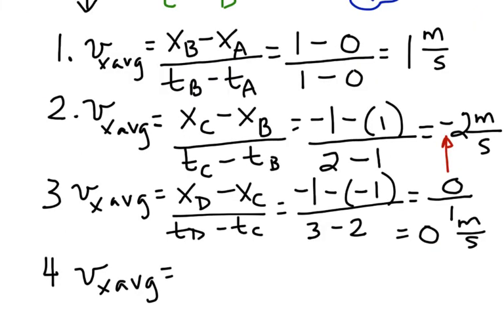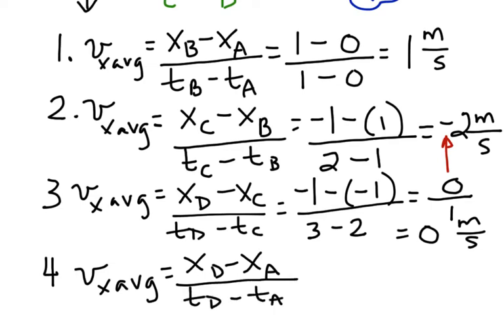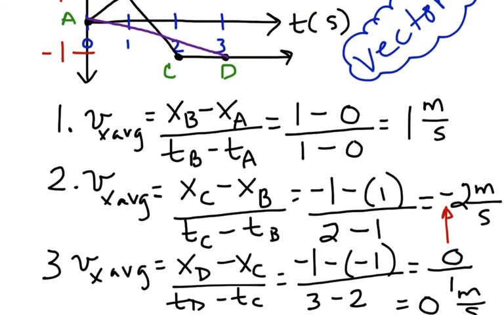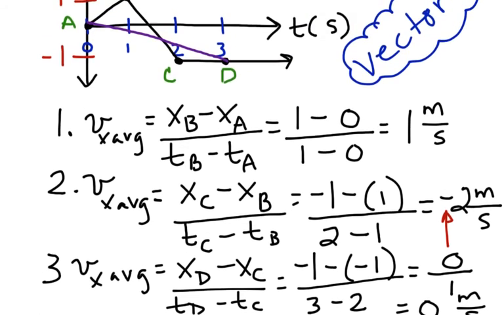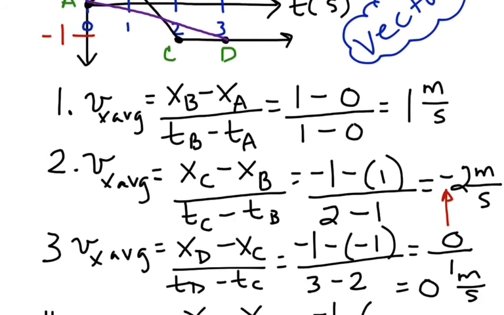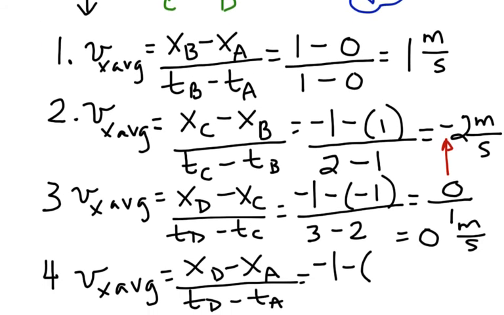Okay, so for solving for my average velocity in the x direction in this case, I'm going to have the position at D minus the position at A over the time at D minus the time at A. Now the position at D is -1, and the position at A is 0.